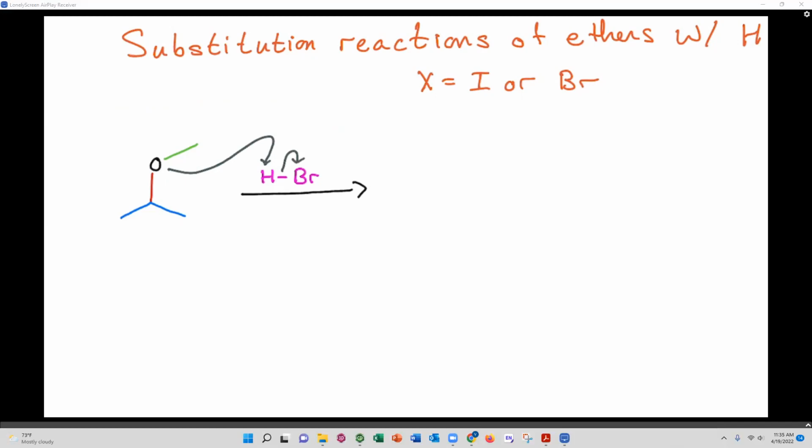So we're going to add a proton to my ether, and I'm going to form this intermediate species here, which of course has a positive charge. Once I add that positive charge, then I know that I have a good leaving group. Now this is where things get interesting.